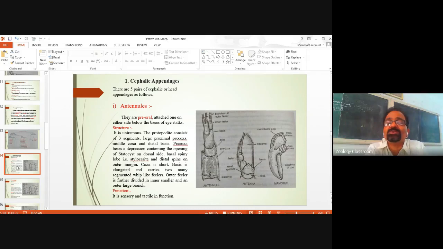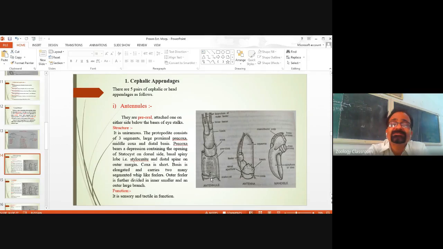Antennules, antenna. Okay. Now see what is said here about the antennule: precoxa bears a depression containing the opening of the statocyst. So opening of statocyst is one of the apertures present on the body.